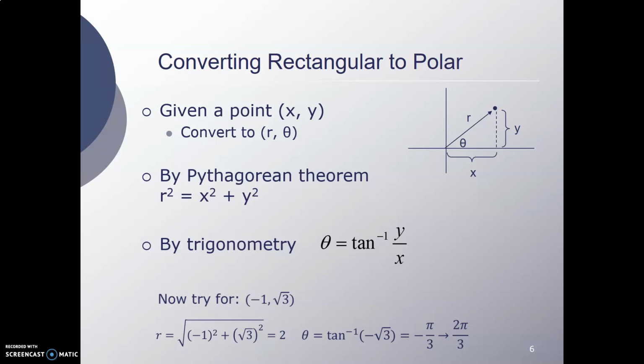If I think about r comma theta, where r is 2 and theta is negative pi over 3, that's going to put me into a fourth quadrant position, right? If I go 2 over on the x coordinate and then rotate negative pi over 3, that puts me down into quadrant 4, which doesn't agree with the rectangular coordinate plane.